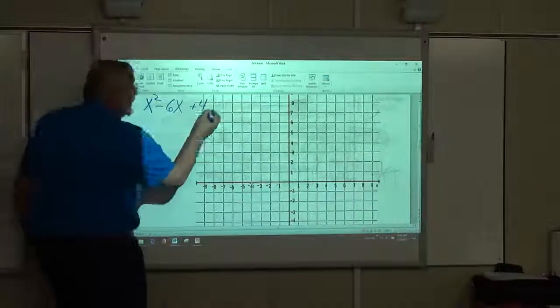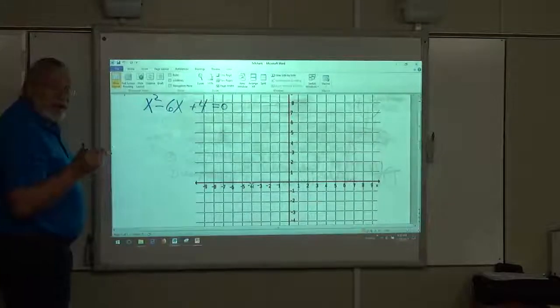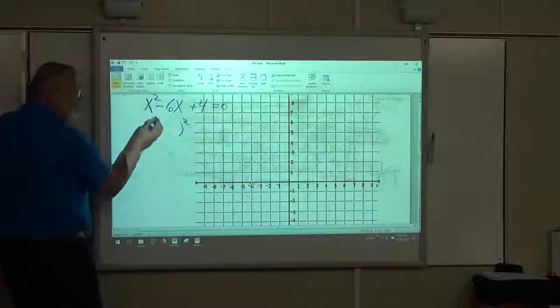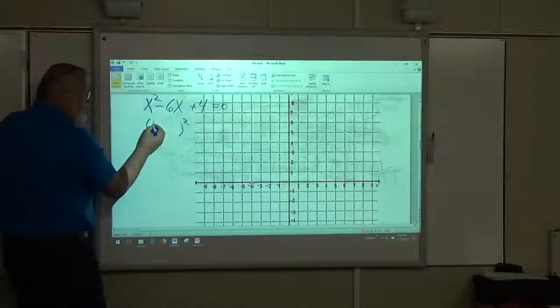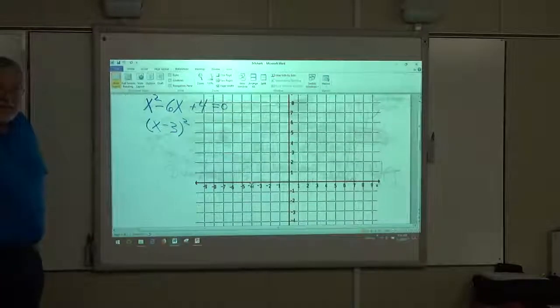There are two ways to get it, but if I were to create the vertex form by completing the square, I have to take half of this, which would be x minus 3. Everybody agree with that?